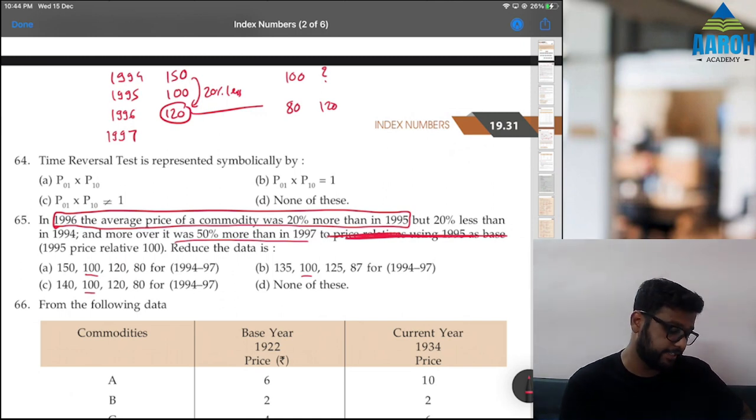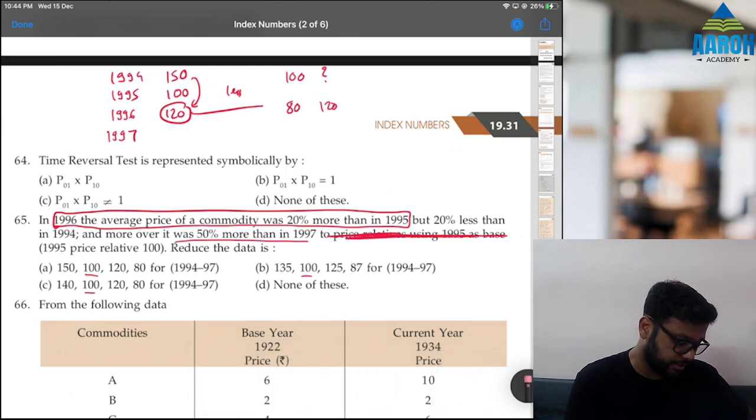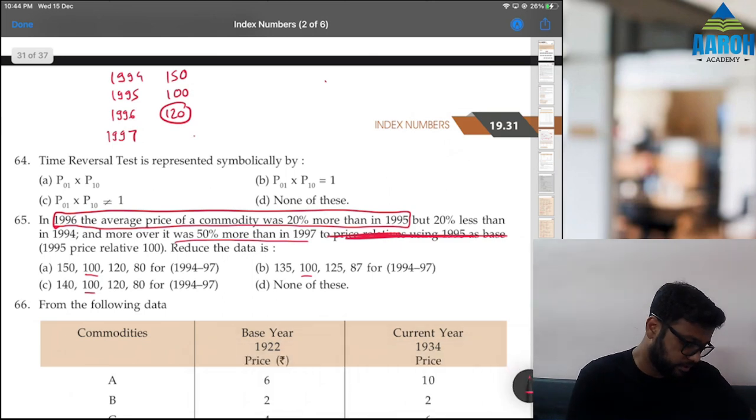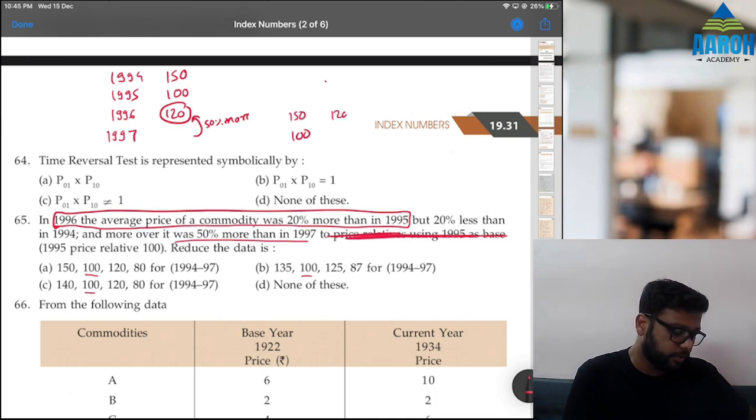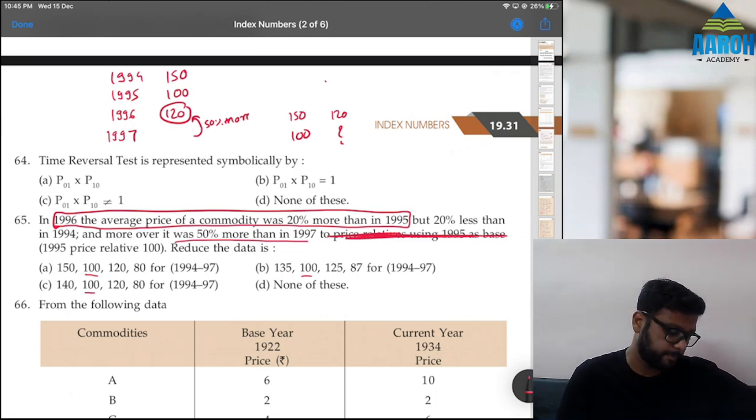If this was 100, this is 150. But now this is 120, that means this will be how much? So this is what is explained.